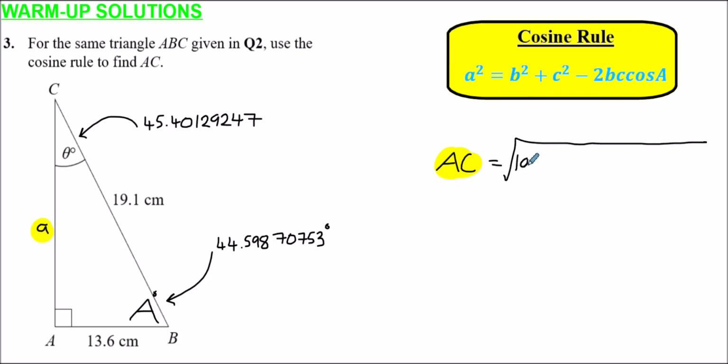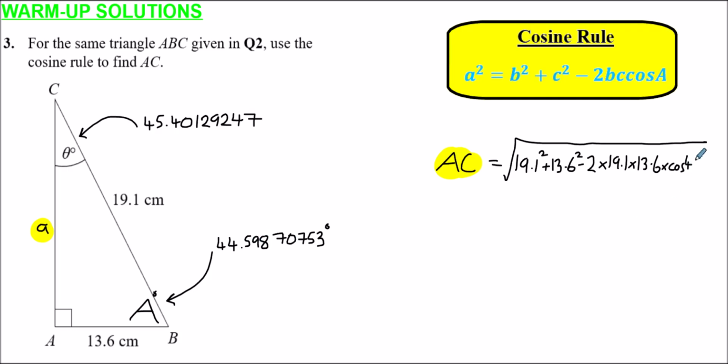So 19.1 squared plus 13.6 squared minus 2 multiplied by these two sides in any order. So 2 multiply 19.1 multiply 13.6 multiplied by cos of angle big A, which we worked out here, was about 44.598 and so on.